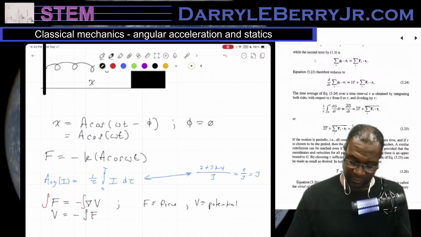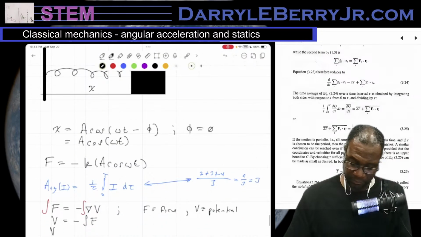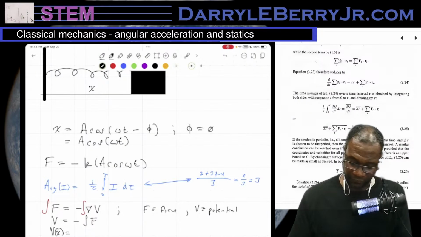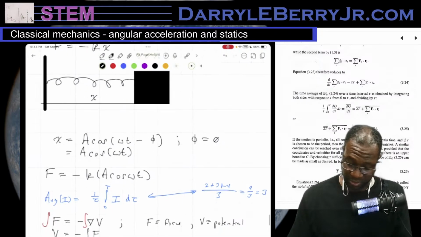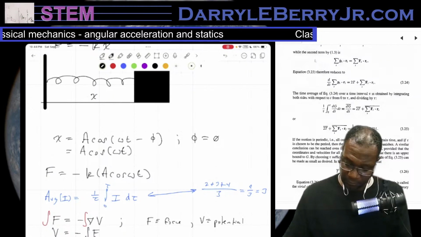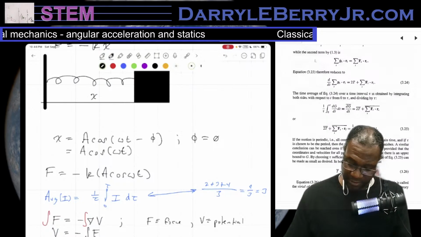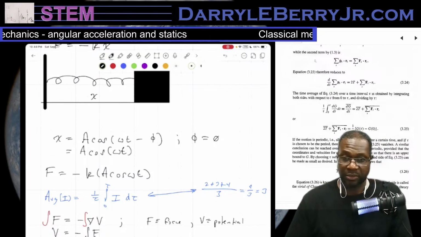And since our V is related to x, because our force is only along x, our whole system is only along x, that means I'll be taking the negative integral of negative kx dx, which equals, so the force is negative, you have to take the negative of it. The k is a constant. So we have x squared over 2 plus a constant, but we always ignore the constant.